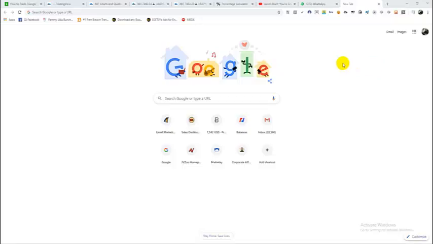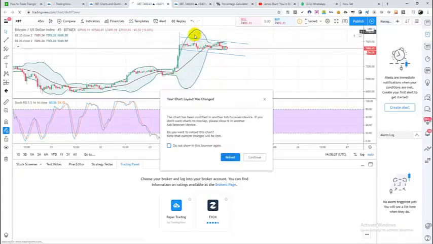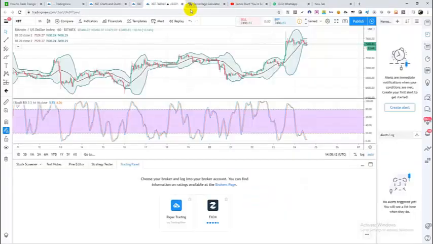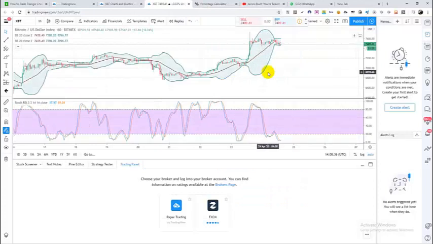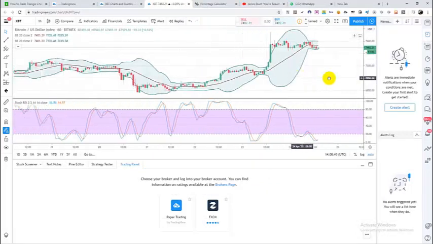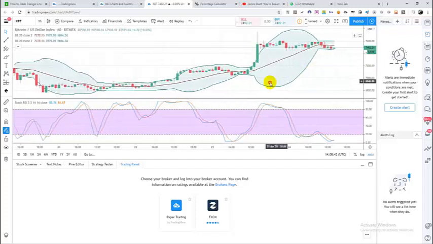So let's practicalize this right now. We'll go to our charts. Okay, let me reload this chart. This is not actually the chart I was using. Okay, this is my active chart here, and it's easy for you to use previous price action to determine what I just taught you.